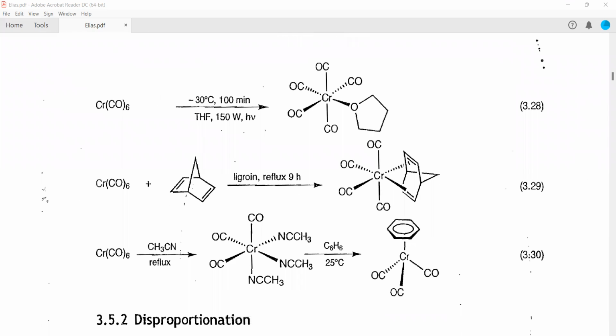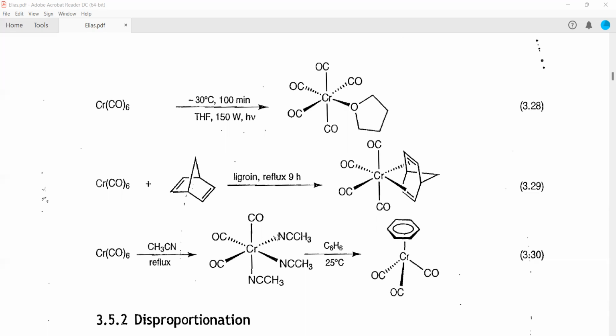For example, this homoleptic carbonyl complex, chromium, at minus 30 degrees centigrade for 100 minutes in THF. We are giving THF, and this is light, a 150 watt light. What you can do is knock out one carbonyl and get THF in place of one carbonyl, thus activating the metal carbonyl complex.